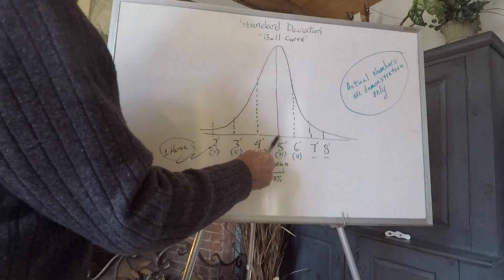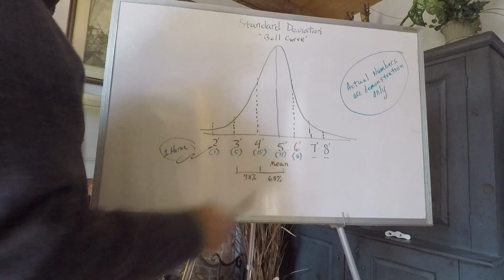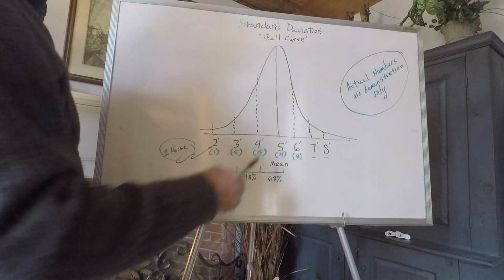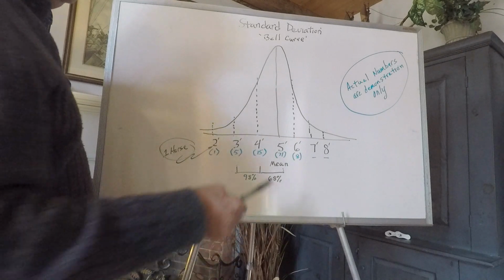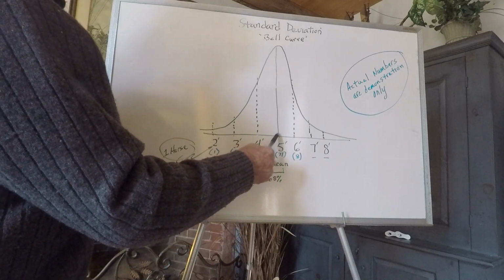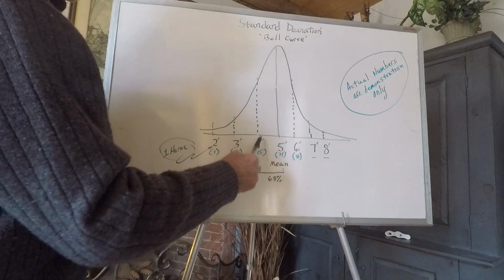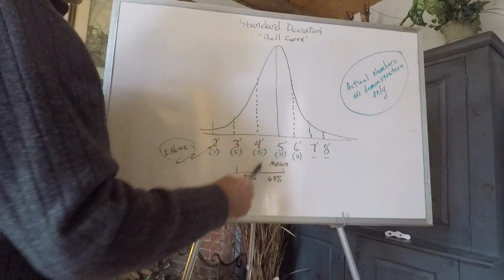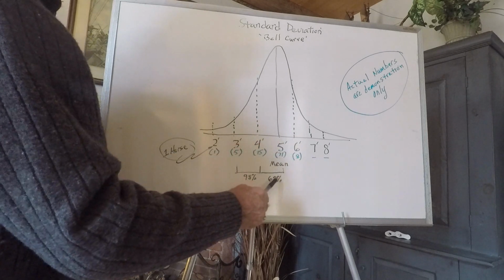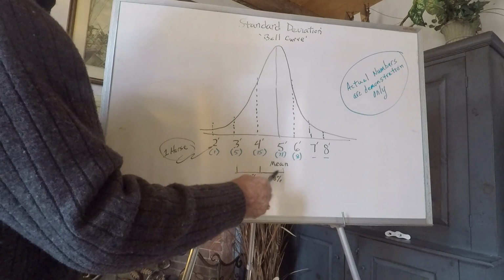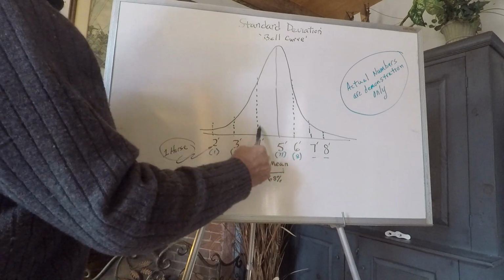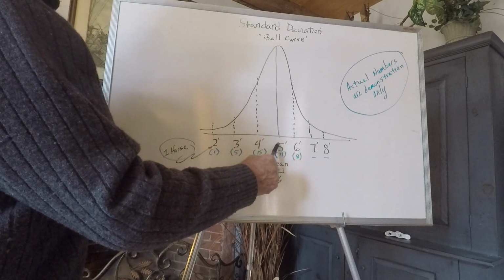So either side of the mean is one standard deviation. And this is where you're getting the variance from. So when you say that most of your data, 68% of your data, is going to fall within one standard deviation of the mean.